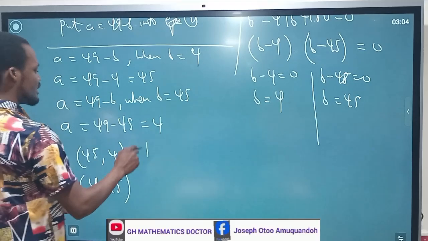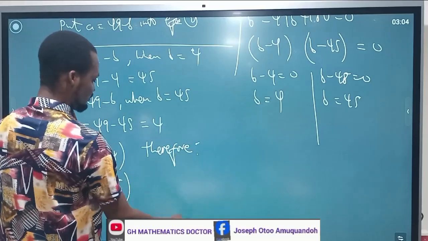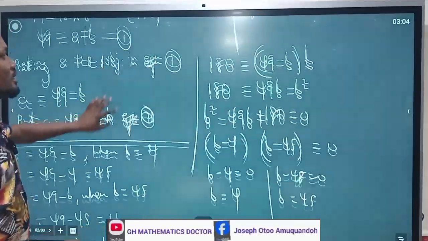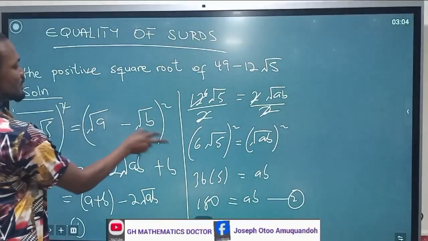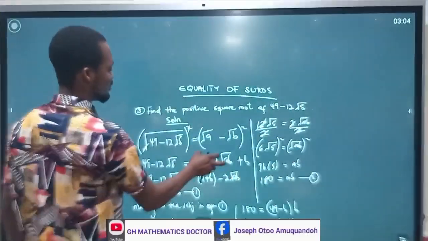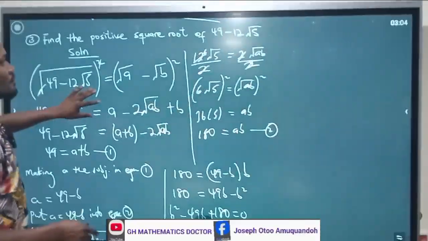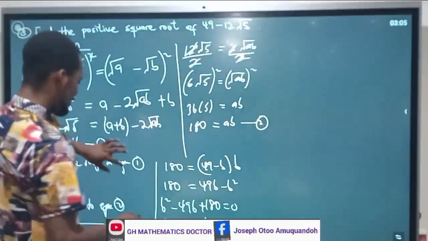So the final answer, therefore, according to the question, let's come back to the question here. So the question here says 49 minus 12 root 5. So we have the answer here.